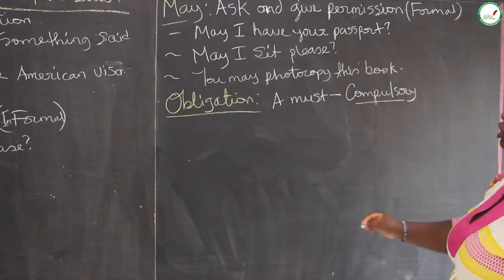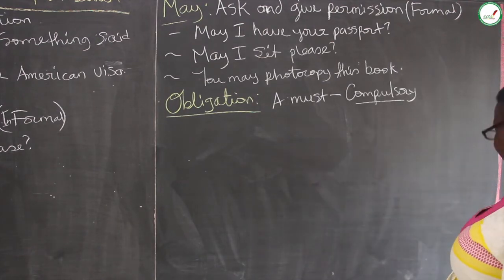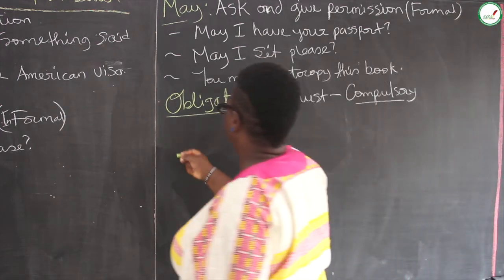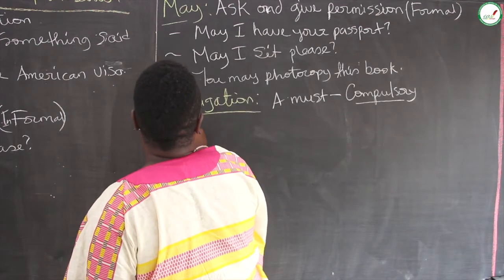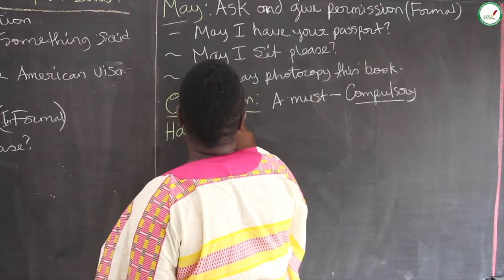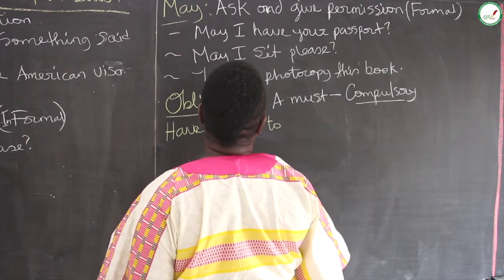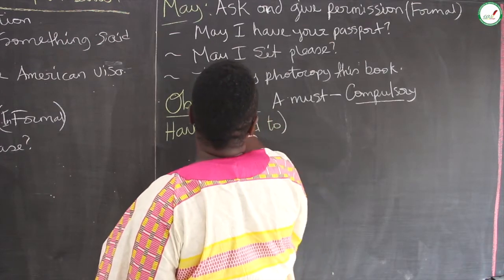Another way of saying an obligation is you're obliged to do it. What are some of the words that you use in an obligation? You have two. The first one is have to, and of course, in the past tense, had to.